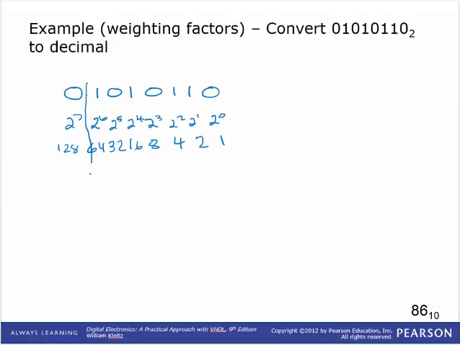Let's make this so you can see it. Maybe I'll put commas in here so we don't blur it all together too much.